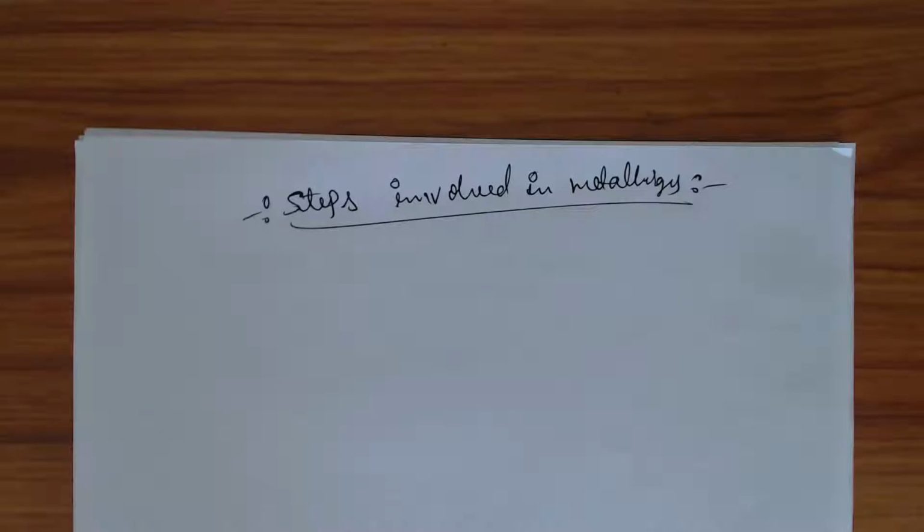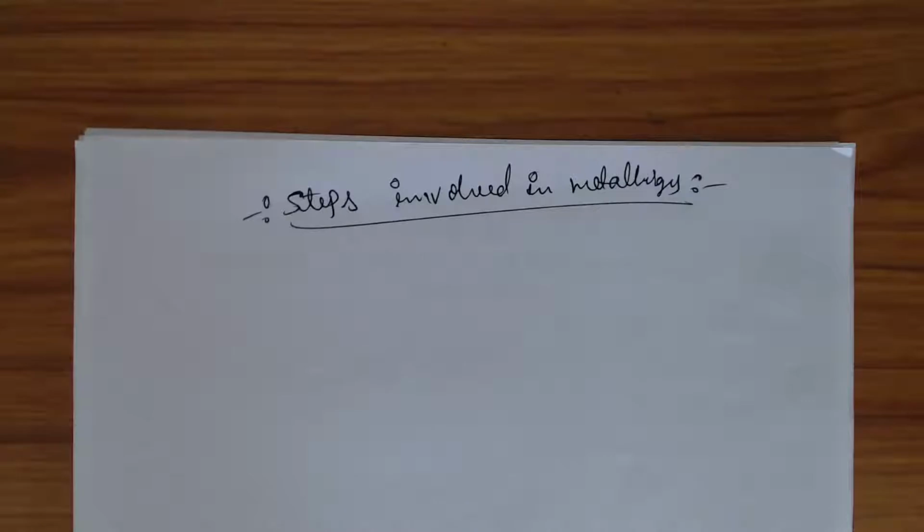So oxides are there, halides are also there. With respect to them, they are reduced to their different metals by methods like smelting, hydrometallurgy, auto reduction, electrolytic reduction, aluminothermic reduction, reduction by metals, reduction by carbon. Once the oxidation takes place, next one is the reduction process.